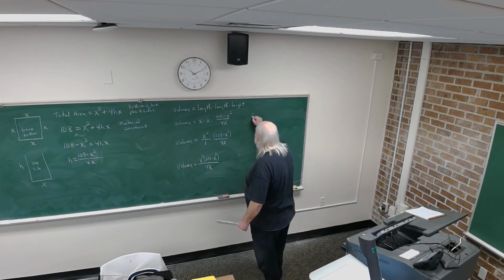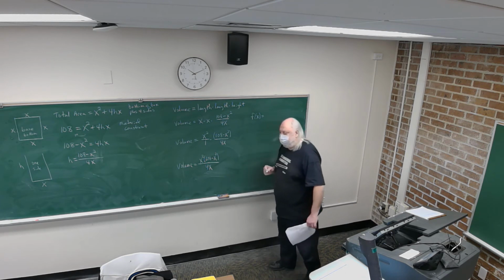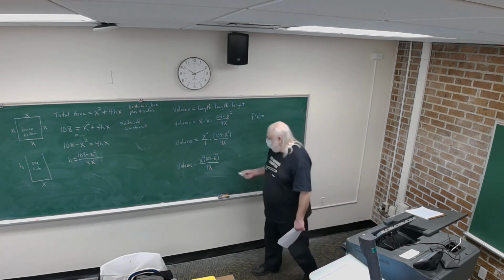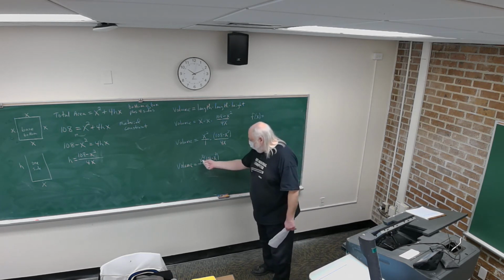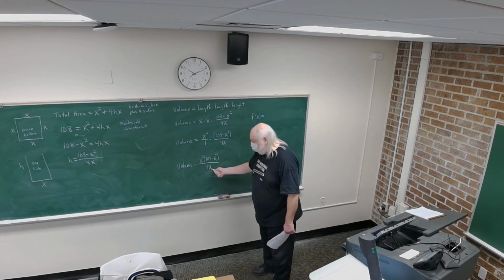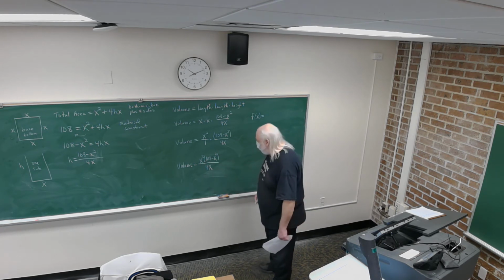So the volume is now a function of x, right? I could have left this as x times x, then you would see x in the numerator and x in the denominator cancel.